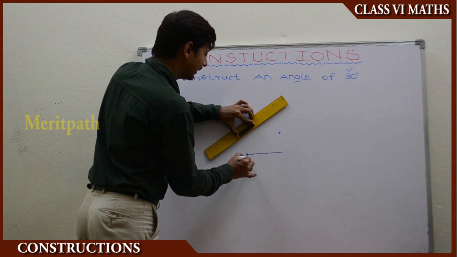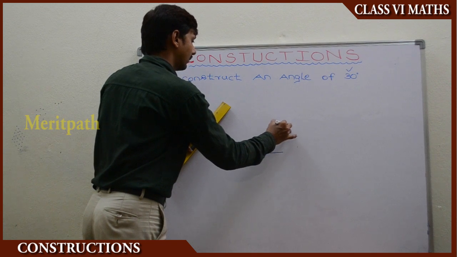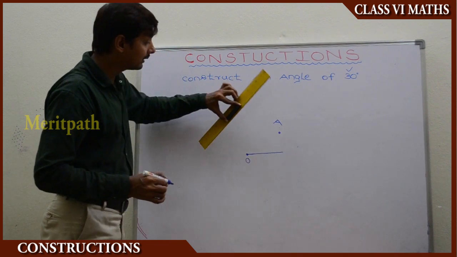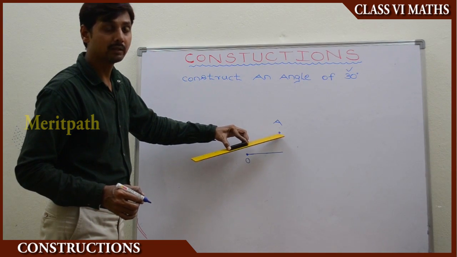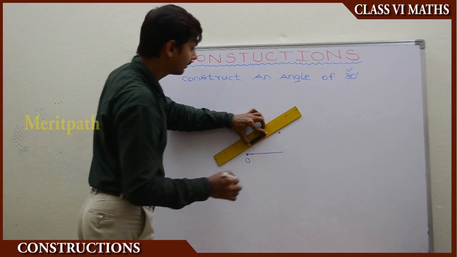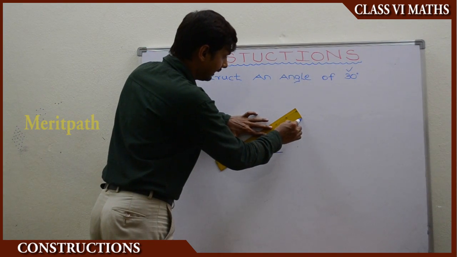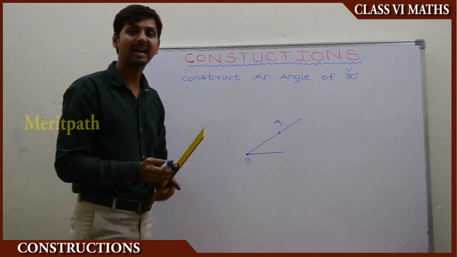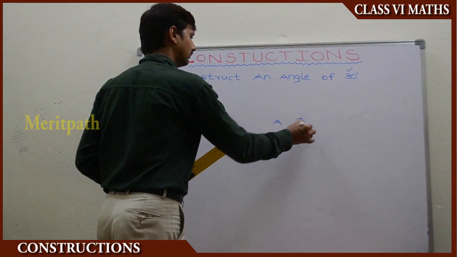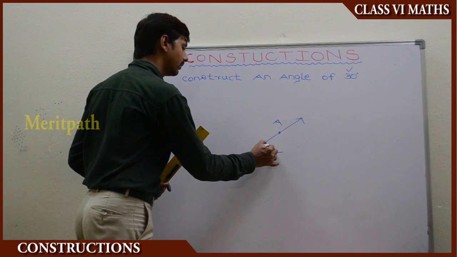The initial point we take as O, and the last end point or terminal point we take as A. You can take any letter of the alphabet and draw the angle. Join these 2 points. We have joined these 2 points. So the angle made here is 30 degrees.